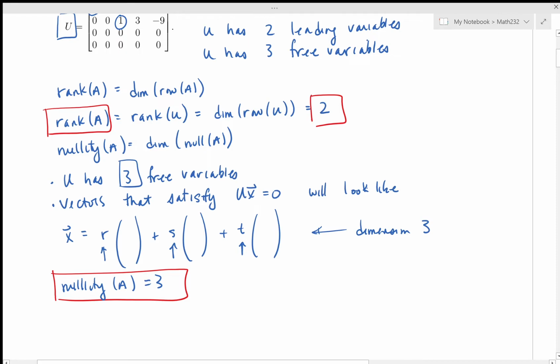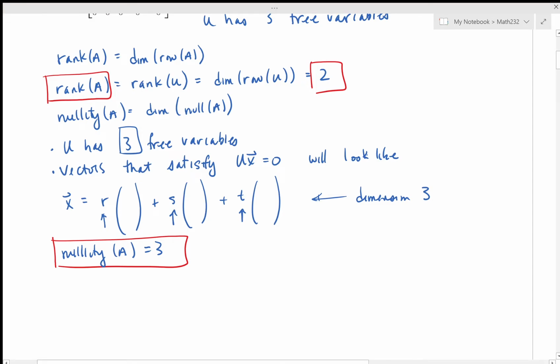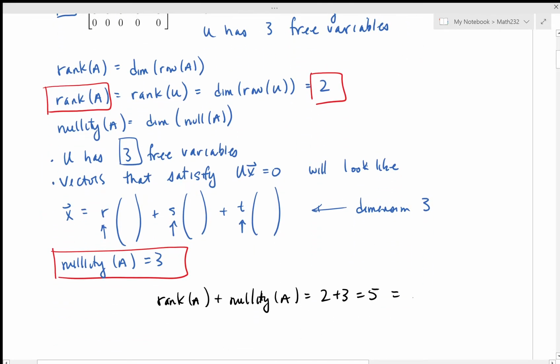And we will notice, and this is going to be backed up by a theorem in about 2 seconds, that the rank of A plus the nullity of A is equal to 2 plus 3. That is equal to 5. And that 5 happens to be equal to n, this number right here, the number of columns of A.